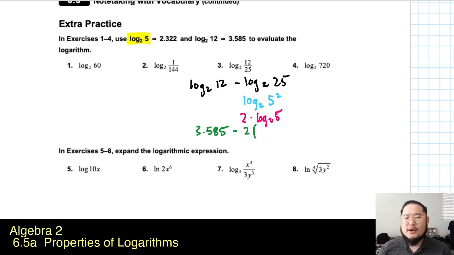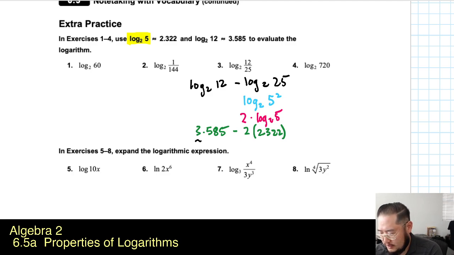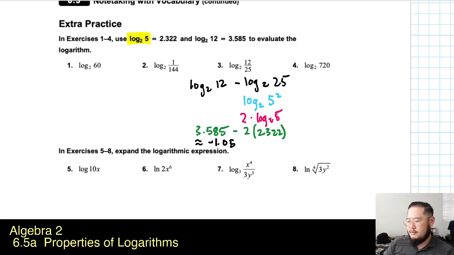And then we can go ahead, you can use your calculator and plug all that in and get our solution, which is negative 1.059. All right, there we go, right there.